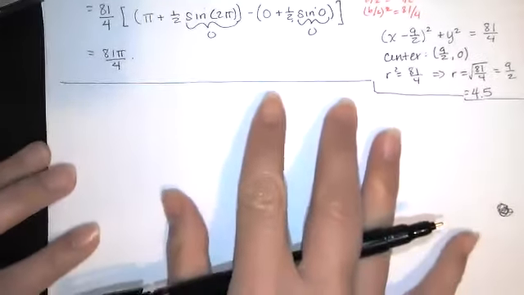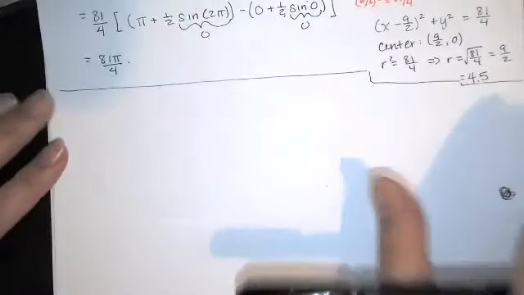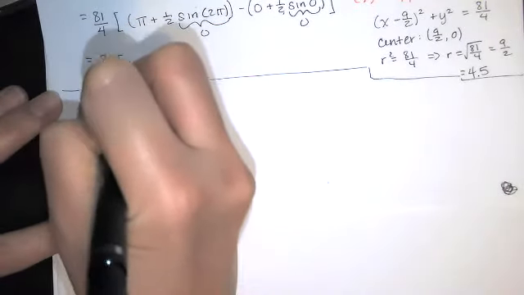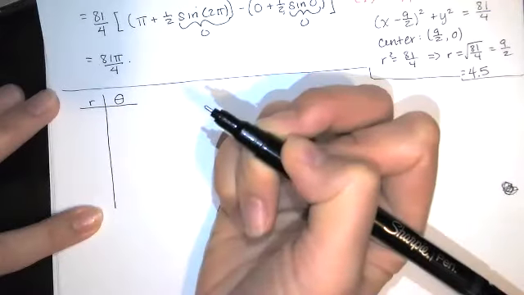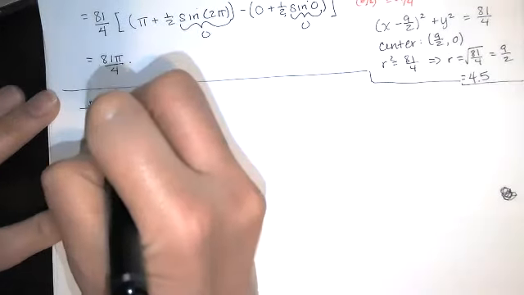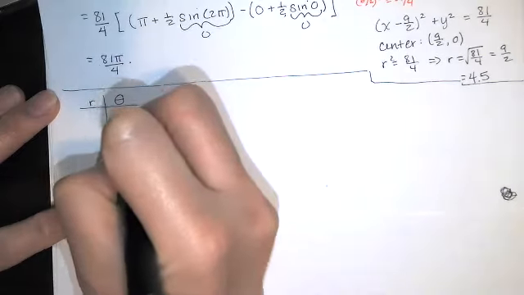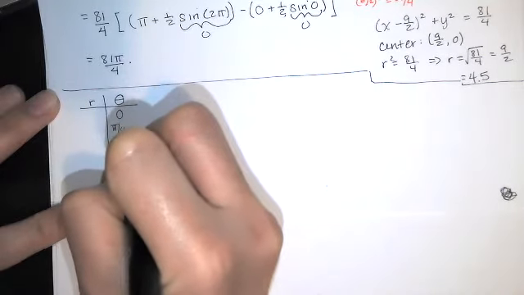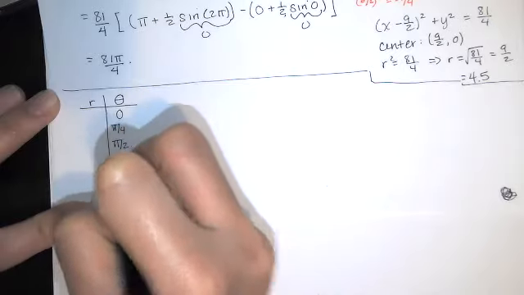Now, one way you can prove that to yourself is just by plotting some points. I know, doesn't seem particularly sophisticated. I'm gonna let theta equal 0, let's say pi over 4, pi over 2, and then 3 pi over 4, and then pi.